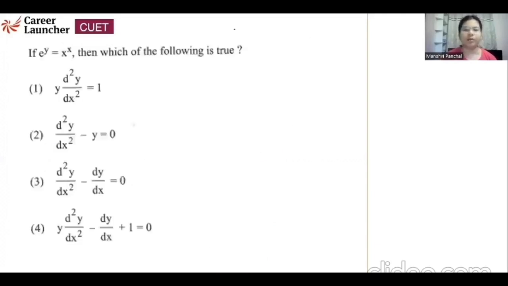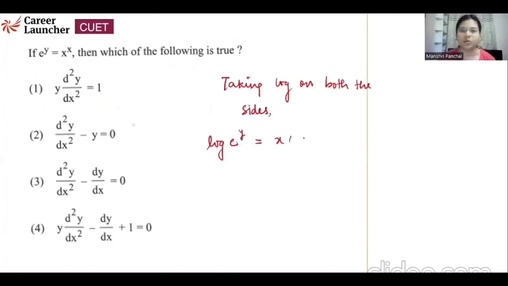Now we have question number 56. If e raised to the power y is x raised to the power x, then which of the following is true? So first we will take logarithm on both the sides. So taking log on both the sides, this will become log of e raised to the power y is equal to x log x.